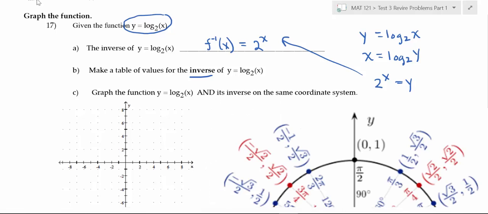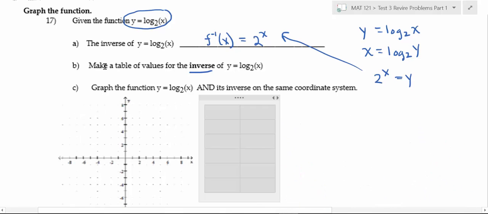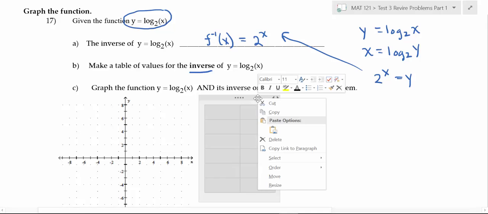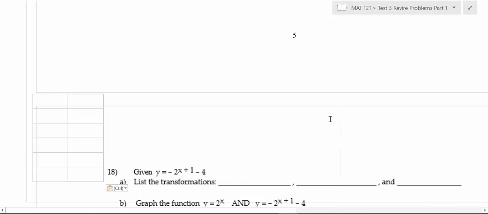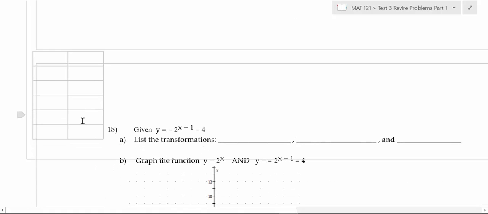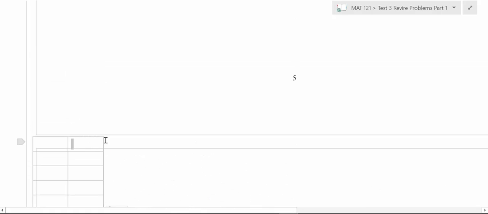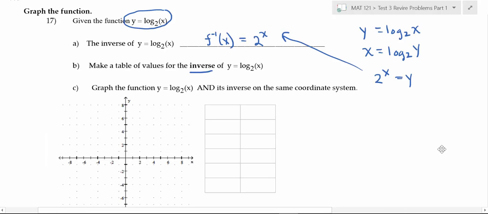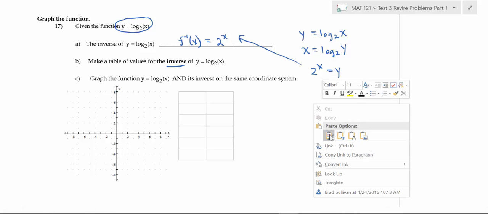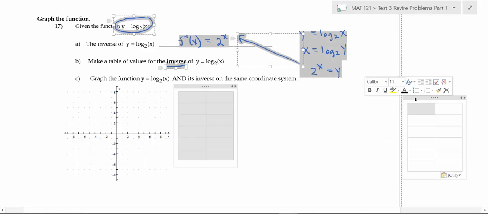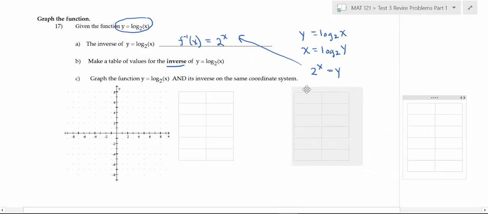Whoops, I didn't want to do that. I don't know what I just did. Let me copy this and paste a copy of that. Sometimes it just doesn't do what I want it to do. Let me try one more time and see if I paste it over there. There we go.